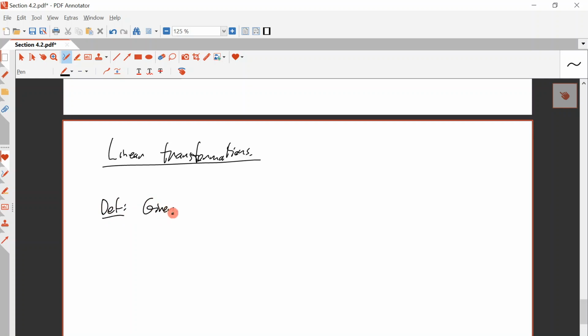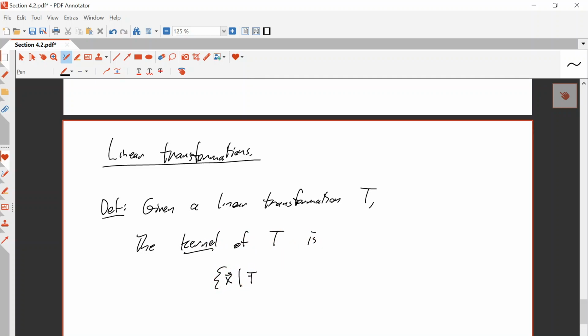Given a linear transformation T, the kernel of T is the set of all vectors x such that T times x is 0.